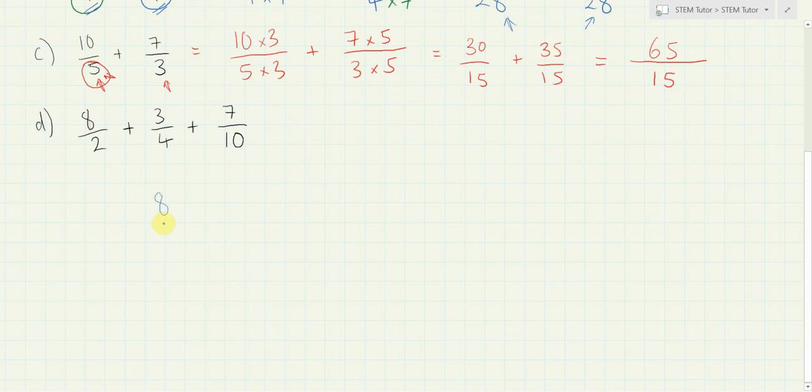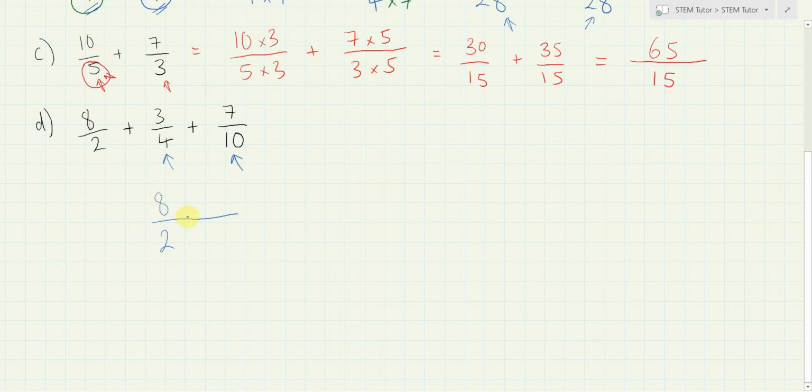So first we start off with our first fraction. So we've got 8 over 2. And we now multiply this top and bottom by this denominator and this denominator together.